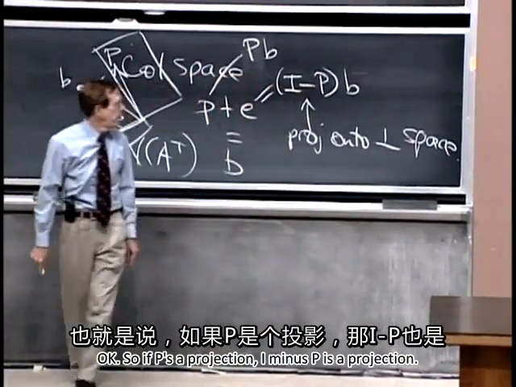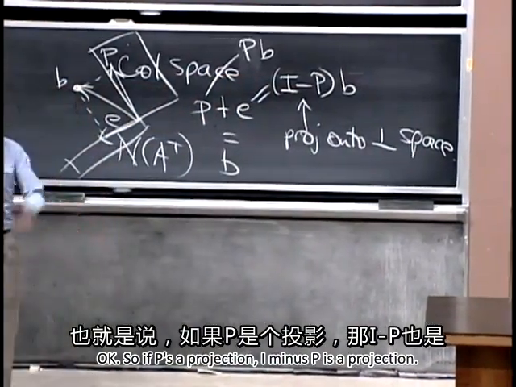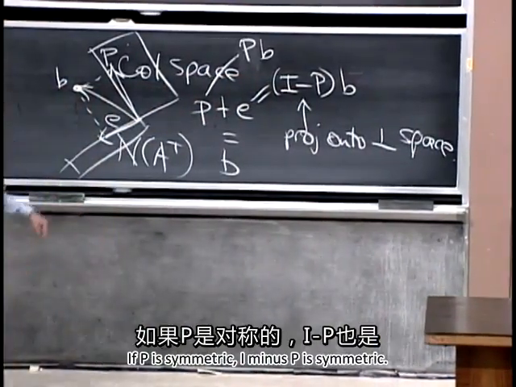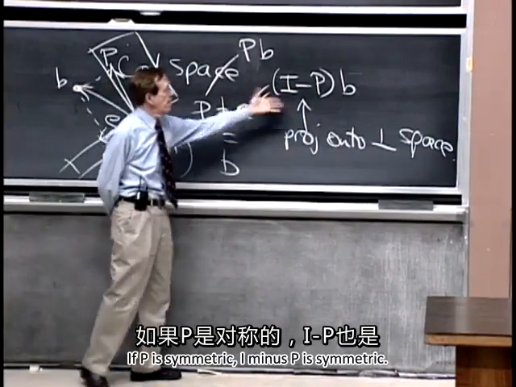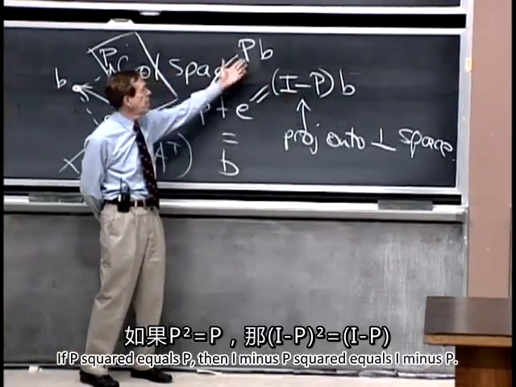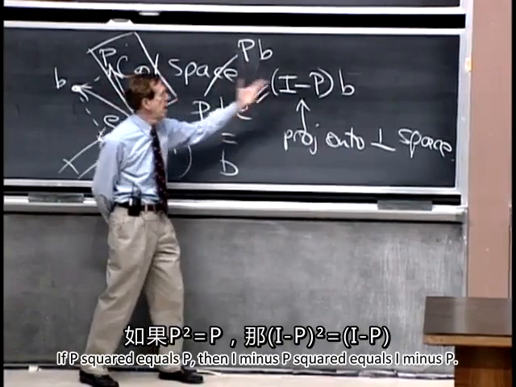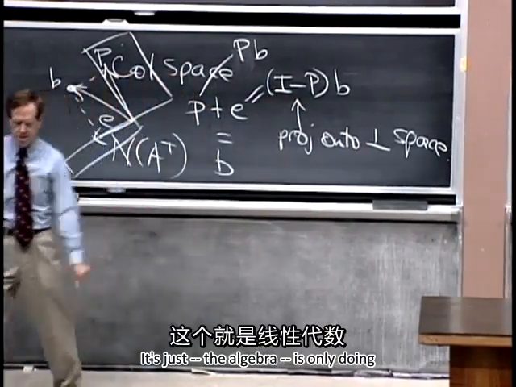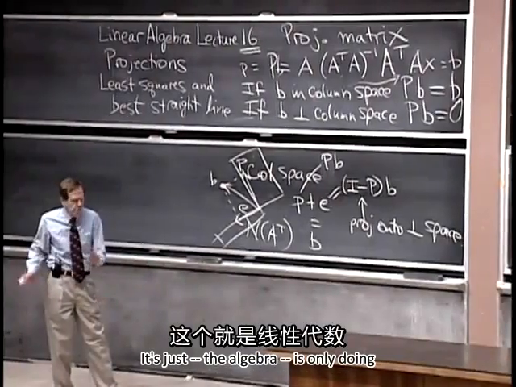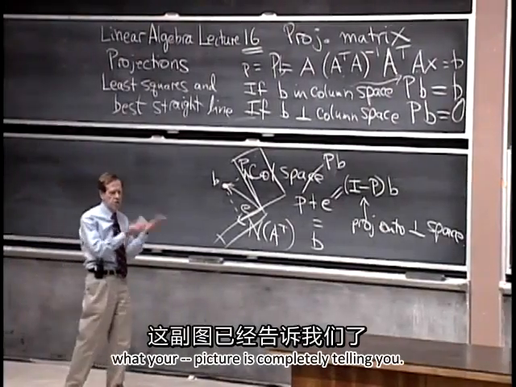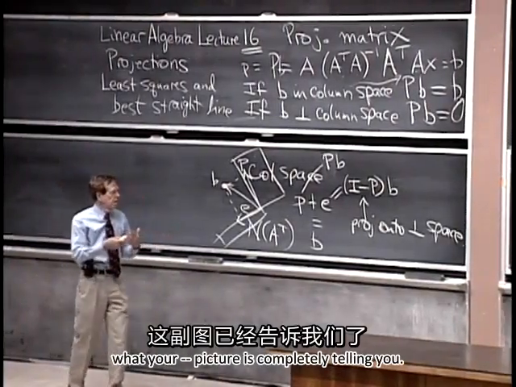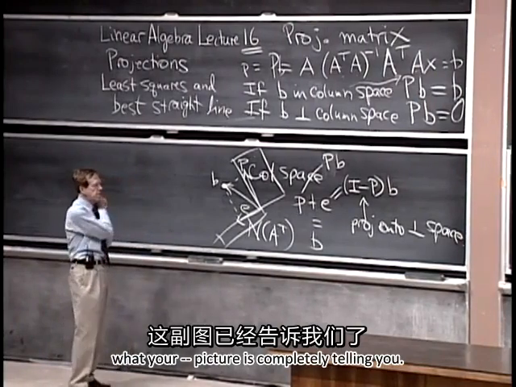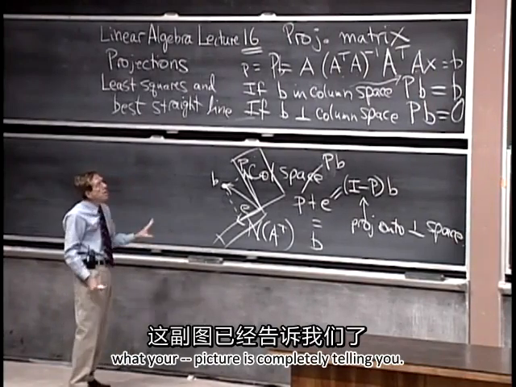Okay. So if P is a projection, I minus P is a projection. If P is symmetric, I minus P is symmetric. If P squared equals P, then I minus P squared equals I minus P. It's just the algebra only doing what your picture is completely telling you.